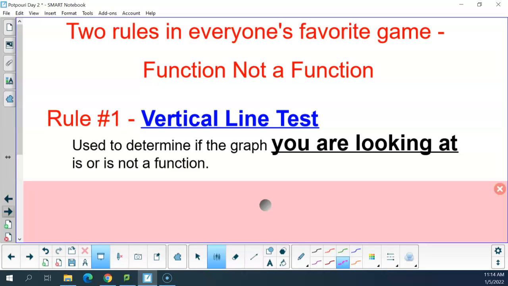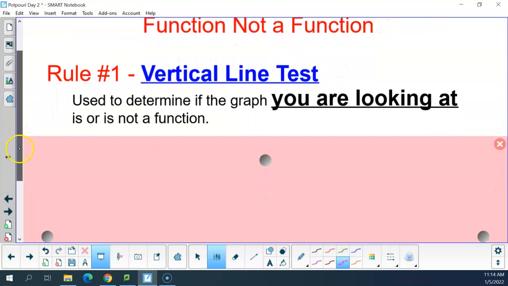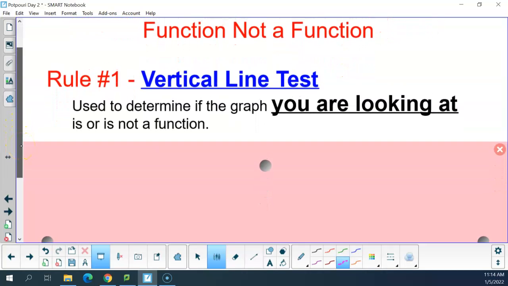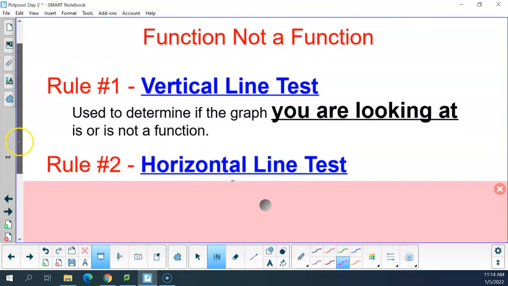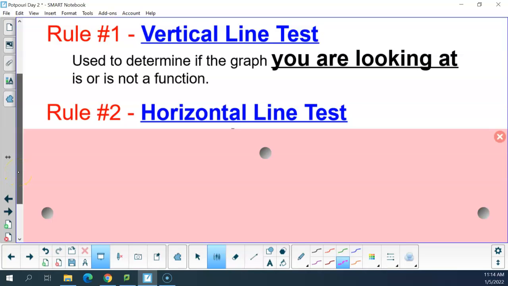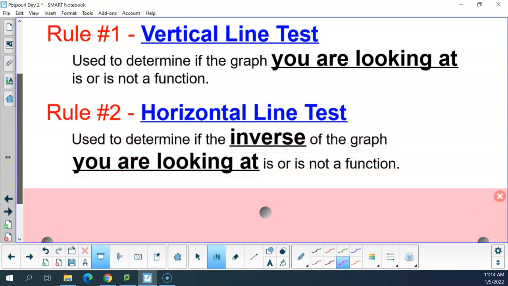Okay. Rule number 2. Now, I'm going to add another test. What do you think this test is going to be? The horizontal line test. The horizontal line test tells me if the inverse of what I'm looking at is or isn't a function.